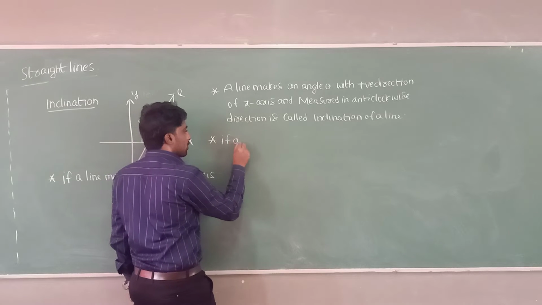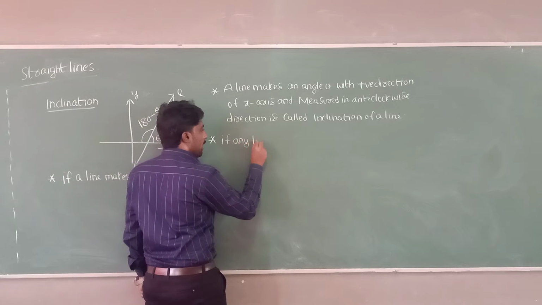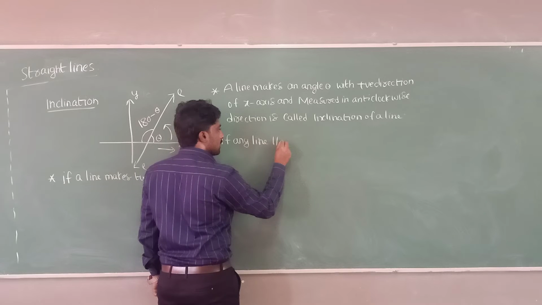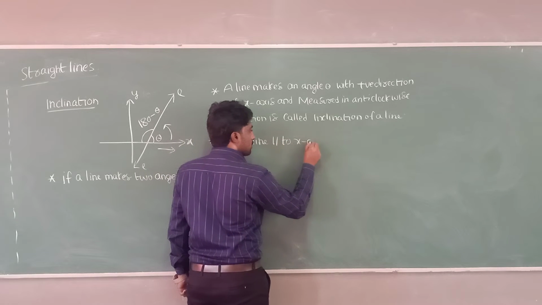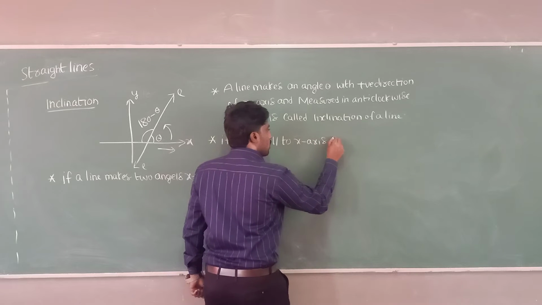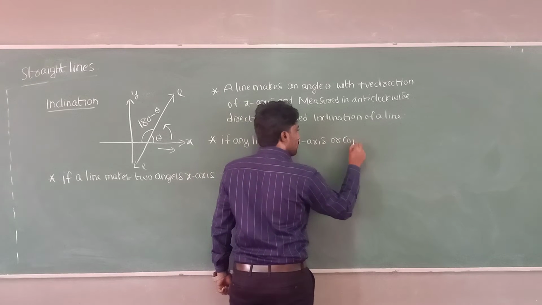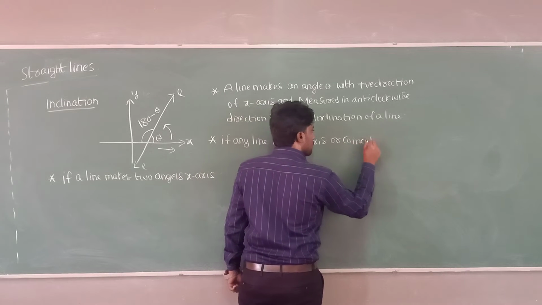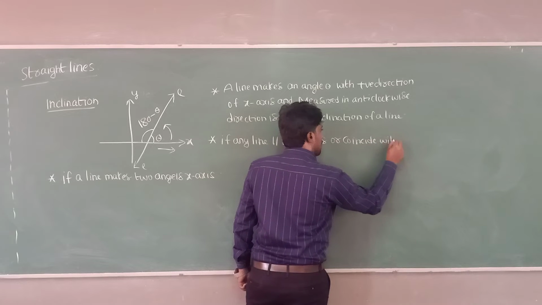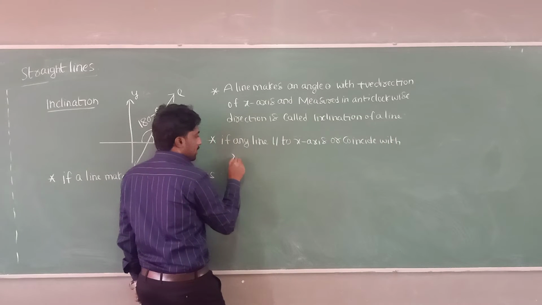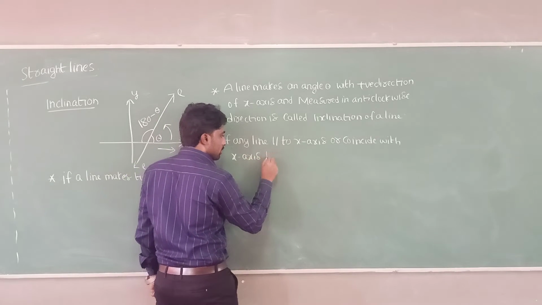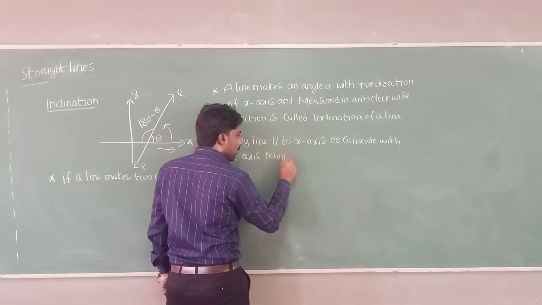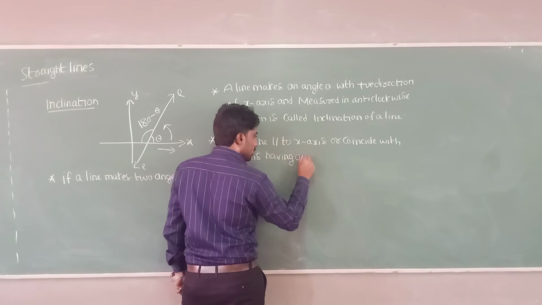If any line is parallel to the x-axis, this symbol means parallel to or coincide with the x-axis, having an inclination of 0 degrees.